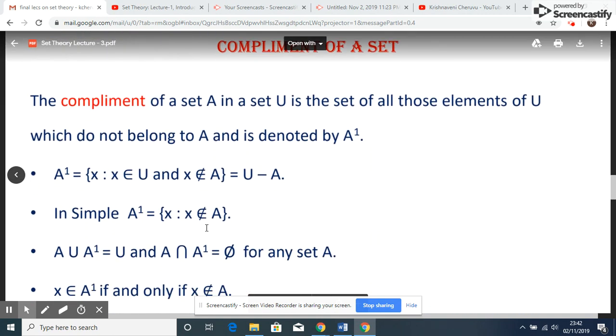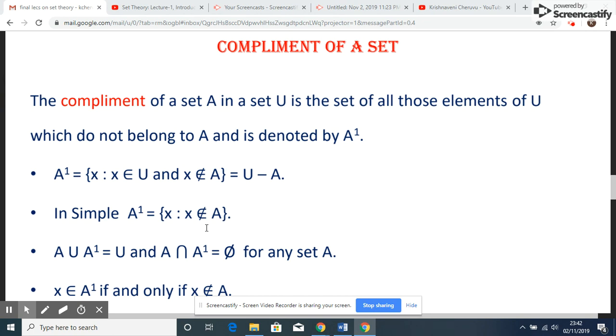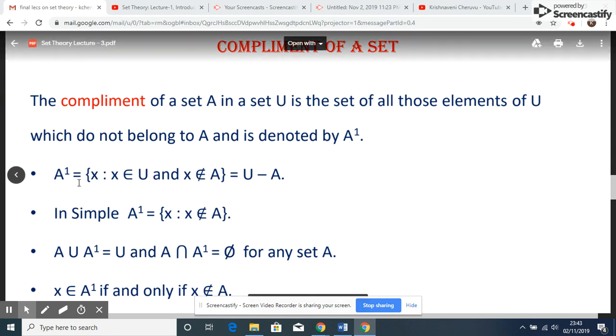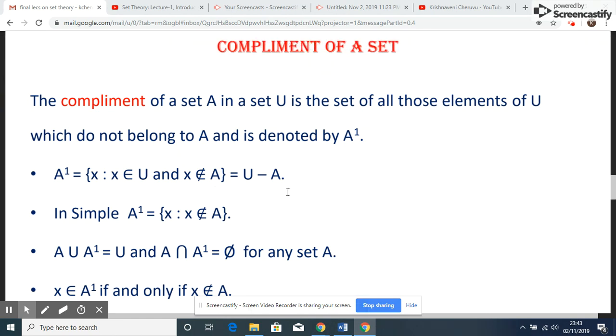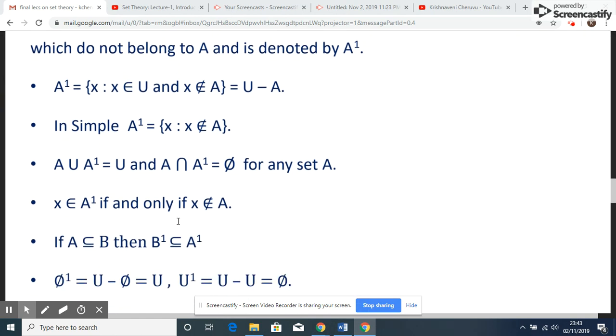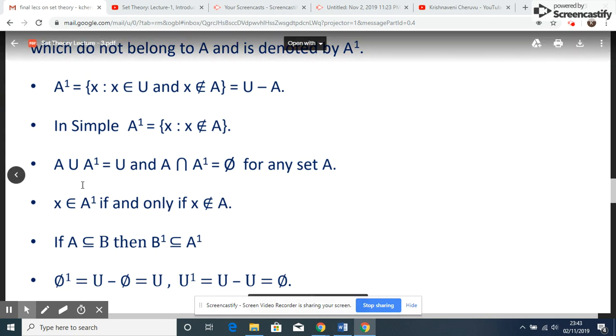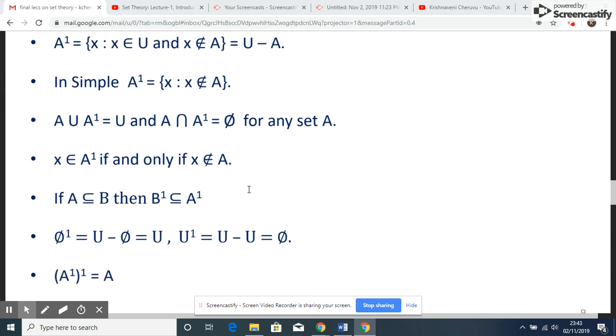The complement of a set. The complement of a set A in a set U is the set of those elements of U which do not belong to A, and it is denoted by A prime. So A prime is those elements of U which do not belong to A. It is just U minus A. Now note that union of A and A complement is U, intersection of A and A complement is empty set.